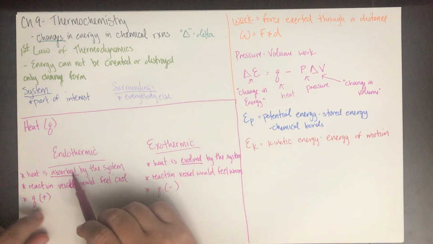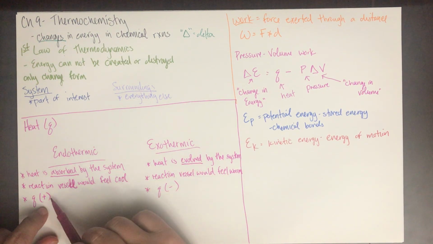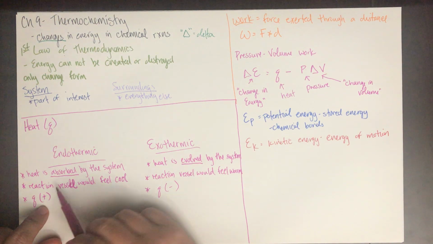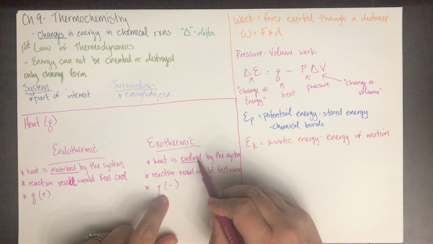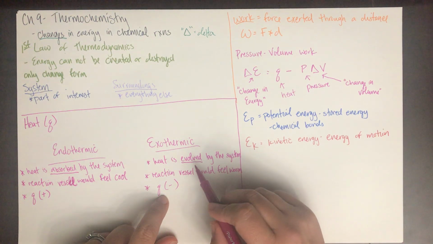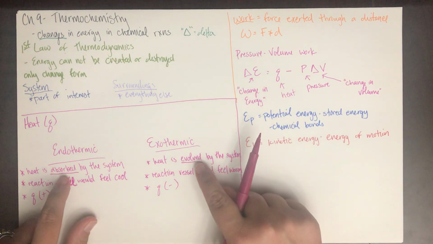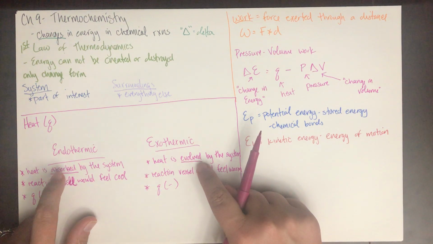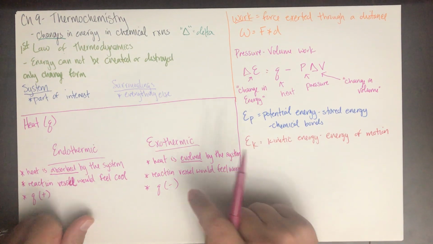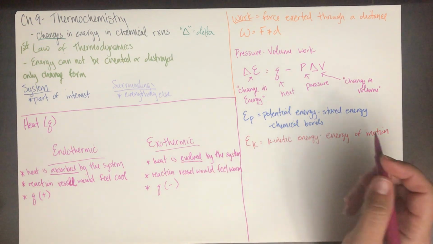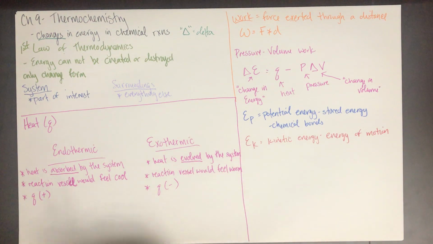So if 100 kilojoules of heat is absorbed, then that would be positive 100 kilojoules. If it says 100 kilojoules of heat is evolved, that would be negative 100 kilojoules. So you need to be able to extract keywords like absorbed and evolved, or heat is added, heat is removed, to be able to determine what the sign of your numbers should be. And we'll practice that a lot.